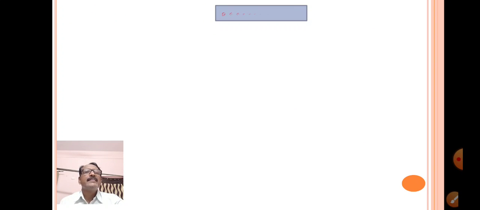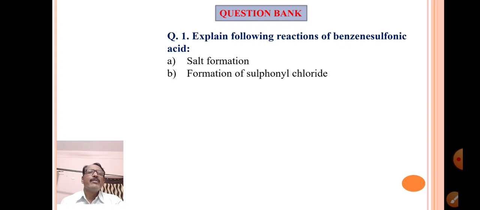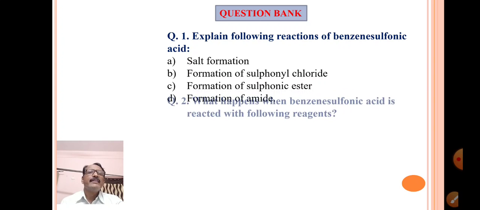These are the reactions. Now we'll see what type of questions may be asked in the examination. That is the question bank. Explain the following reactions of benzene sulfonic acid: first, salt formation, formation of sulfonyl chloride, formation of sulfonic ester, formation of amide.